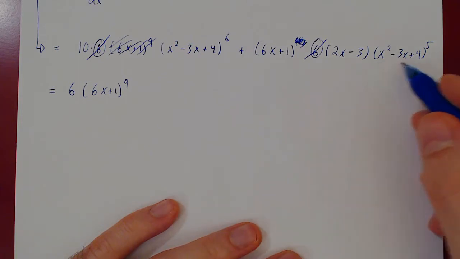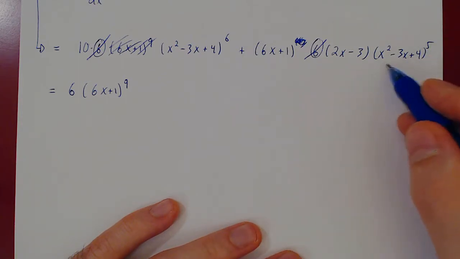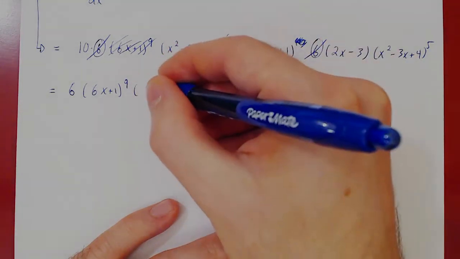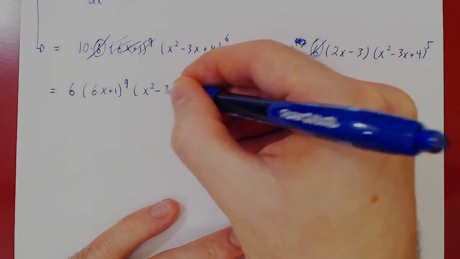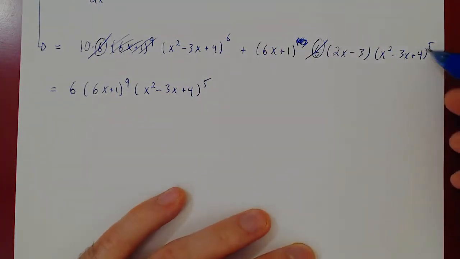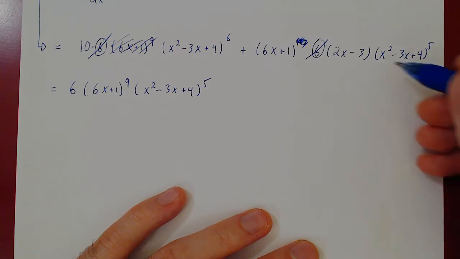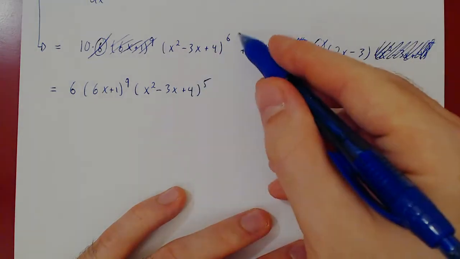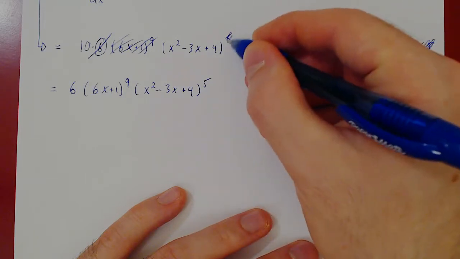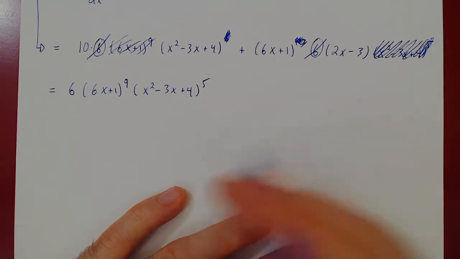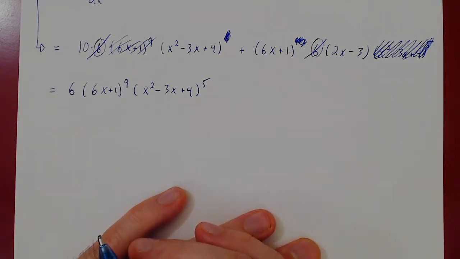What else can we factor? Well, we have here this quadratic. There's 5 of those here, 6 here. So we can factor 5. So x squared minus 3x plus 4 to the 5th power. If there are 5 here and we take away all 5, there's nothing left for this quadratic. And if there are 6 and we took away 5, that leaves us with only 1. And if you look at what's left over, there are no more common factors.